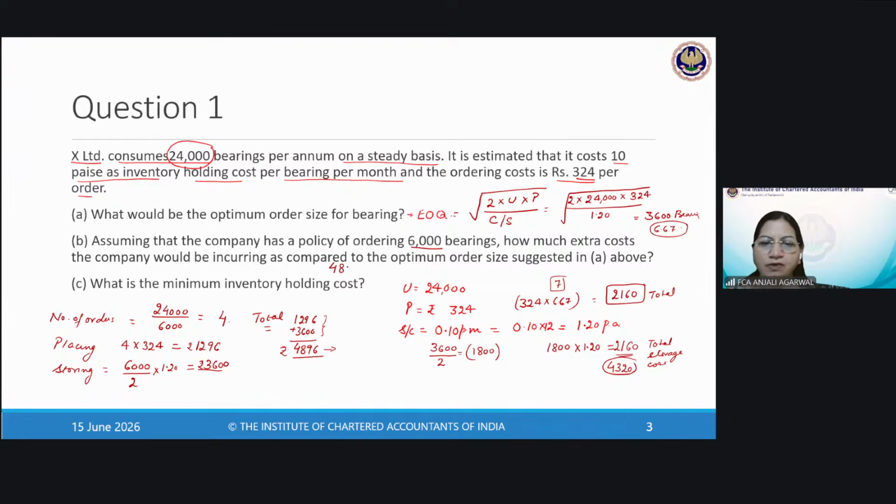The answer would be 4,896 minus 4,320. So the extra cost would be 576 rupees. So instead of sticking to the 3,600 bearings, if we go to 6,000 bearings in an order, we will increase our total cost to 4,896. The extra cost would be 576. What is the minimum inventory holding cost? Here the minimum inventory holding cost would be 4,320.